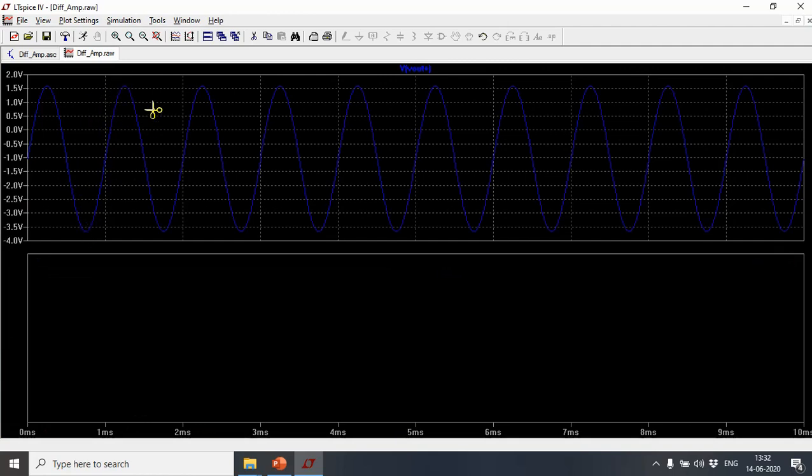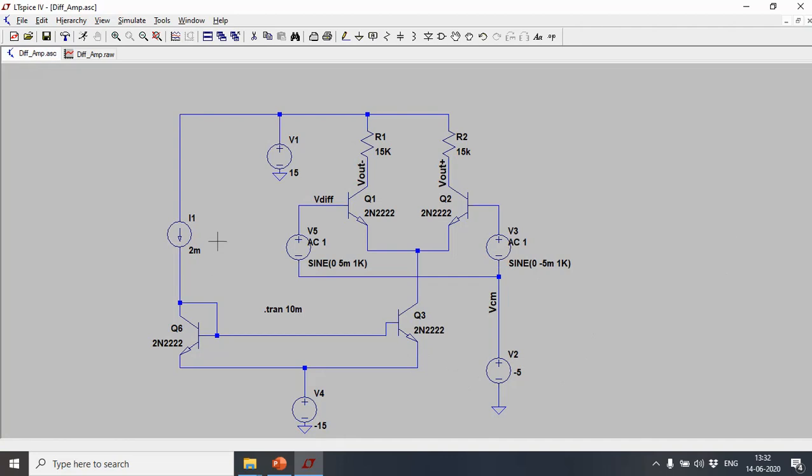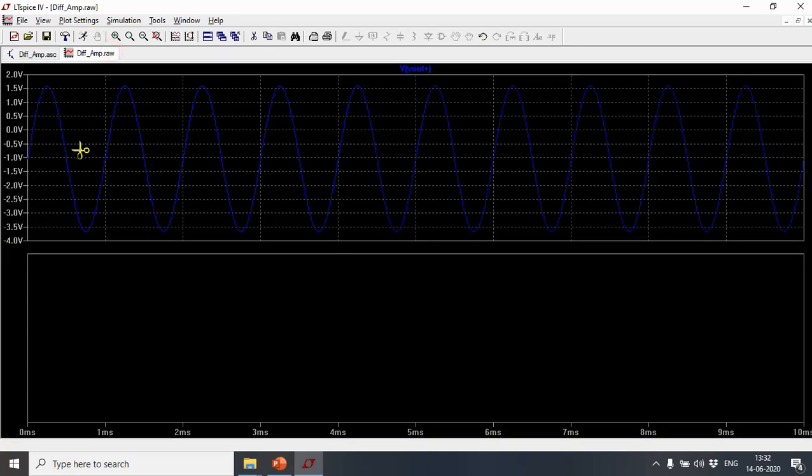It is more than 500 gain, because the difference is minus 5 millivolt, minus 10 millivolt, right? So this input is minus 10 millivolt, output goes from say 1.5 to minus 5.5, around 550. So the gain is a huge gain.